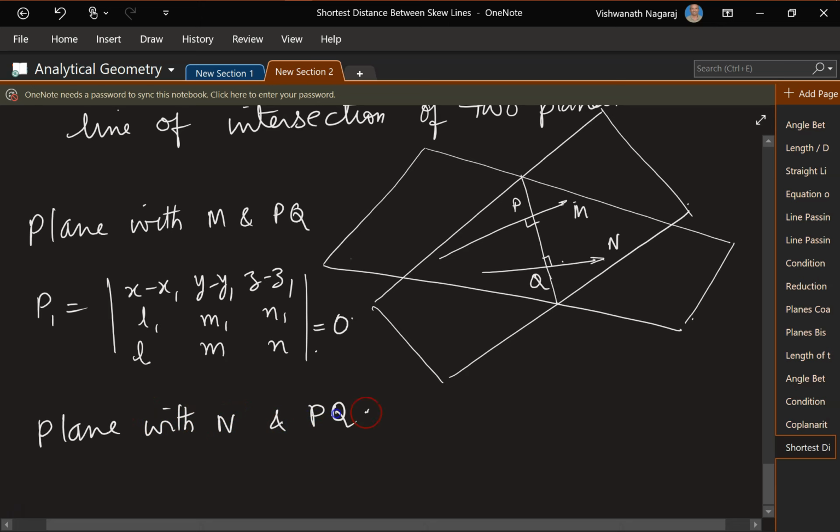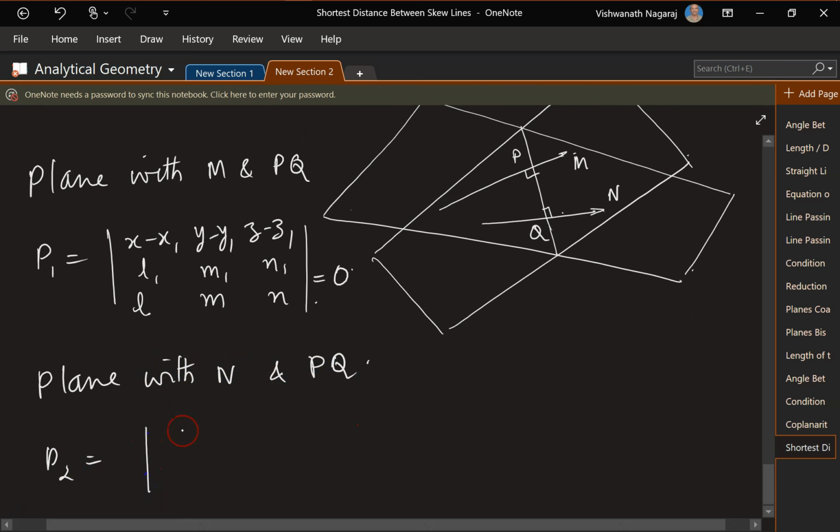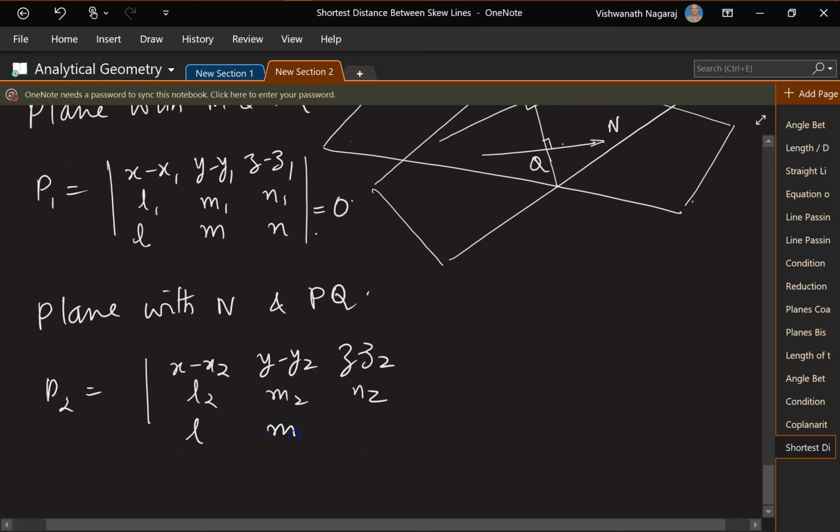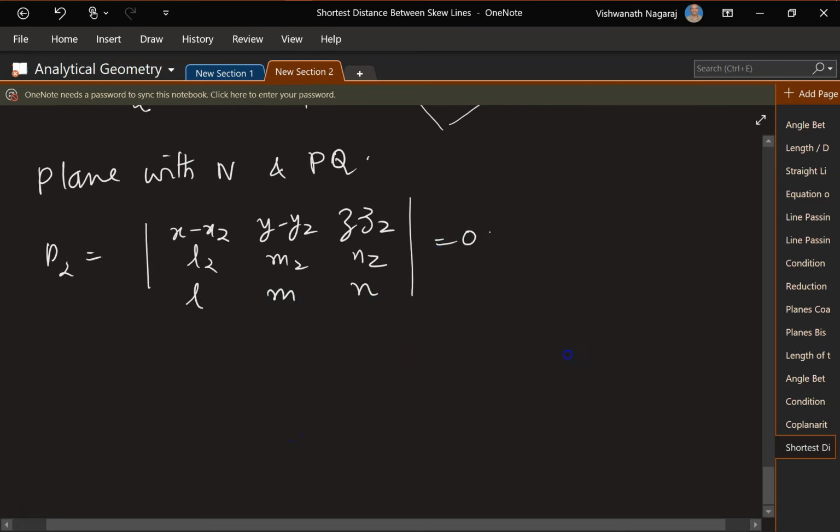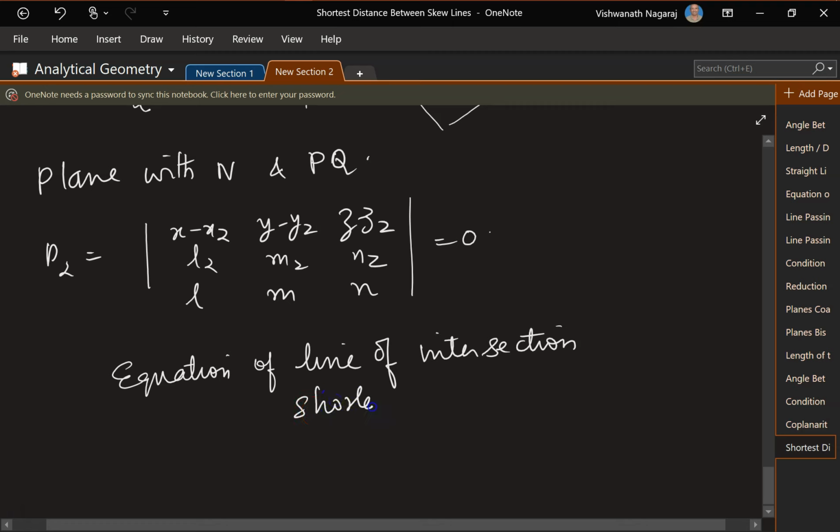Okay. Similarly, the plane with N and PQ. So P2 is equal to the determinant with rows x minus x2, y minus y2, z minus z2; L2, M2, N2; L, M and N, equal to 0. So the equation of the line of intersection, which is nothing but the shortest distance between skew lines, is P1 = 0 = P2.